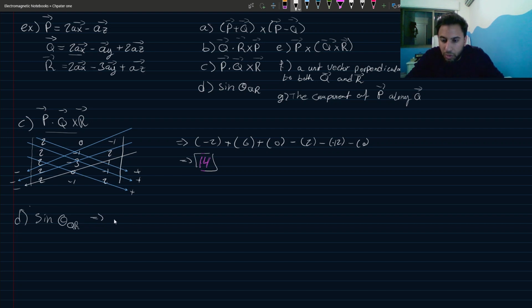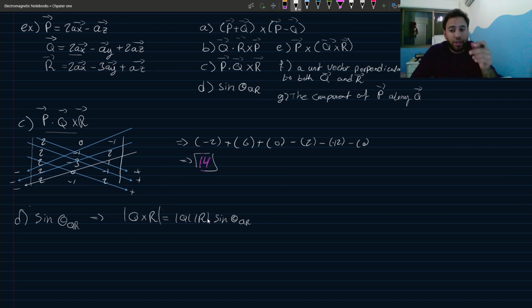So what we can do is that, say, Q cross R is equal to magnitude of Q, magnitude of R, sine theta QR, a_N, or I'm just gonna remove a_N and write the magnitude of QR.